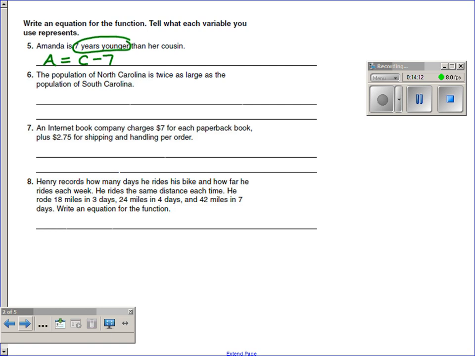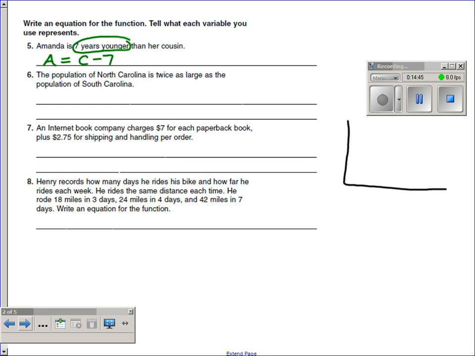Now, more importantly, we should be able to determine which one is our x value and which one's our y value. Now, our y value is always our output, so Amanda's age is our output on this one. Okay? Our input is the cousin's age. Does that make sense to everybody? So if we look at a graph that you would make in science class, we know that this down here is the x-axis.